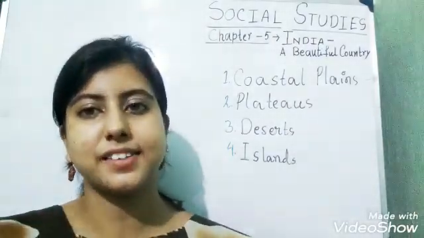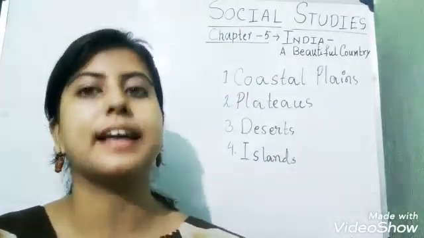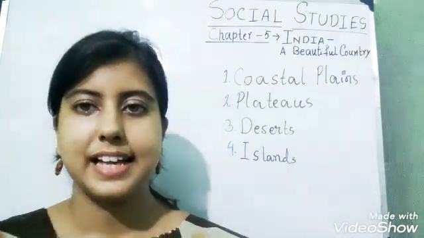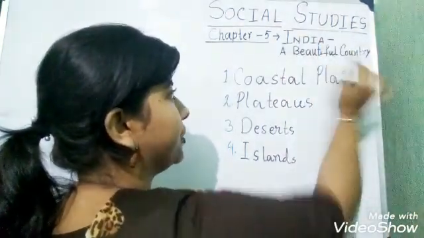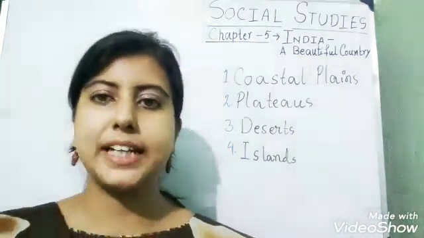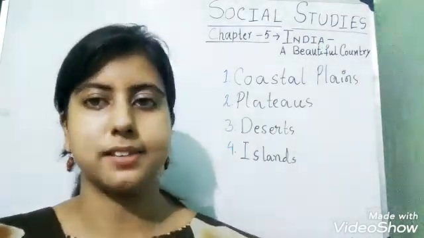In today's class, we will discuss the rest of the chapter that we had started earlier. The name of the chapter is India, a Beautiful Country. In our last class, we discussed mountains and plains.